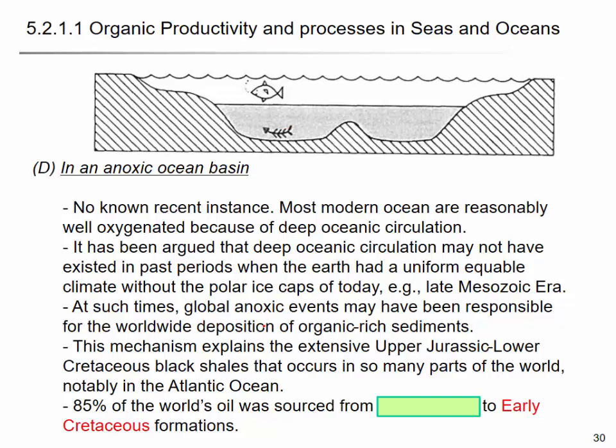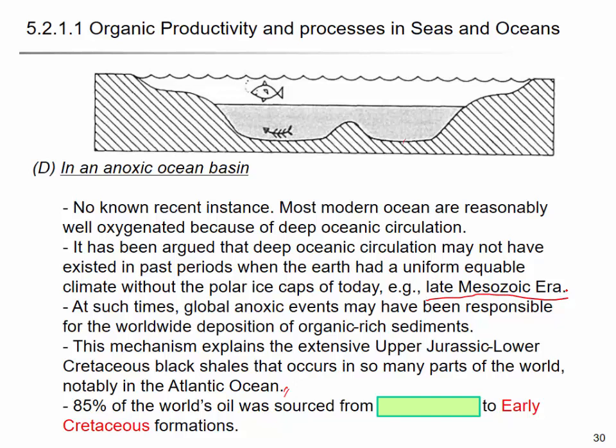At such times, global anoxic events may have been responsible for the worldwide deposition of organic sediment. This mechanism explains the extensive Upper Jurassic and Lower Cretaceous black shale that occurs in so many parts of the world, notably in the Atlantic Ocean. So geologists think that there was some time period with no oceanic circulation, at the time of the late Mesozoic era.